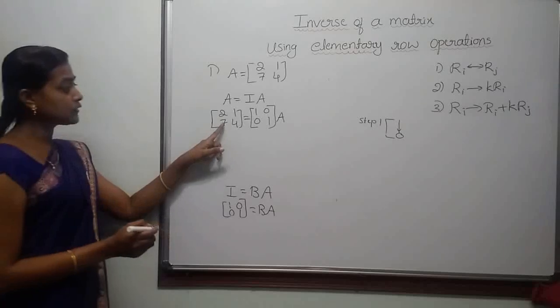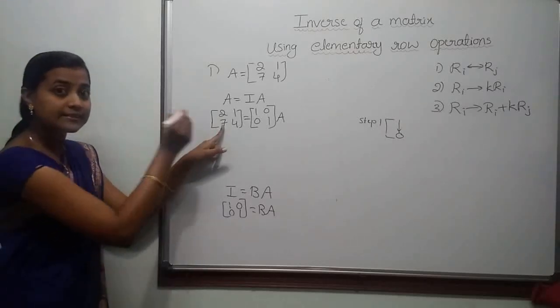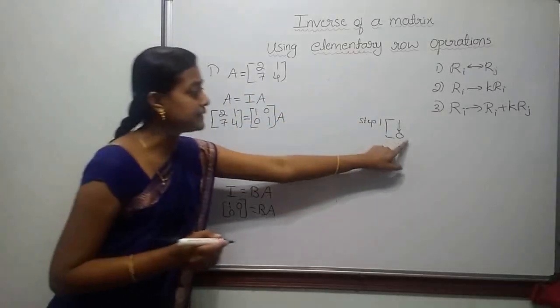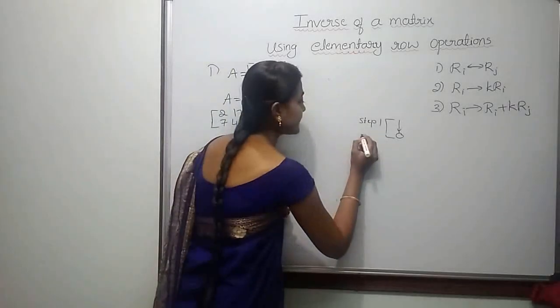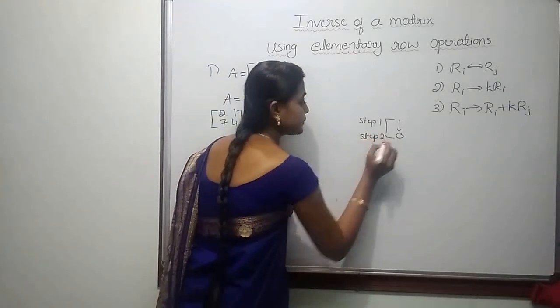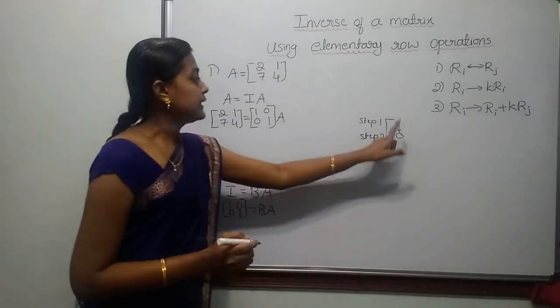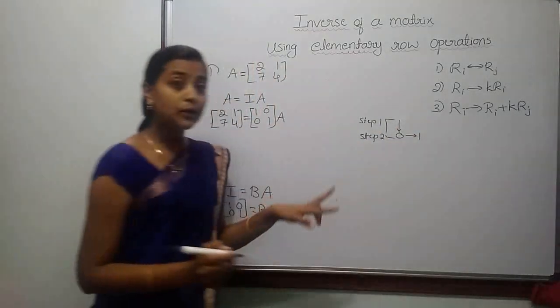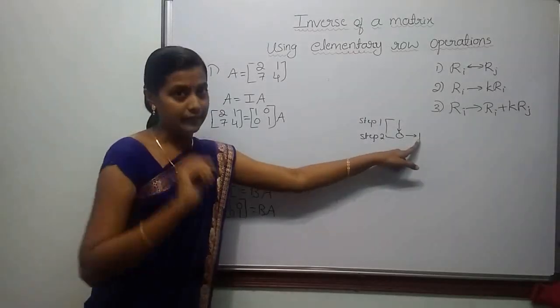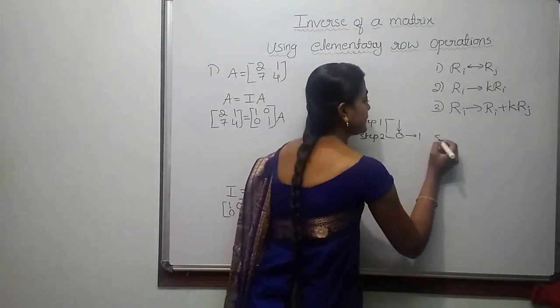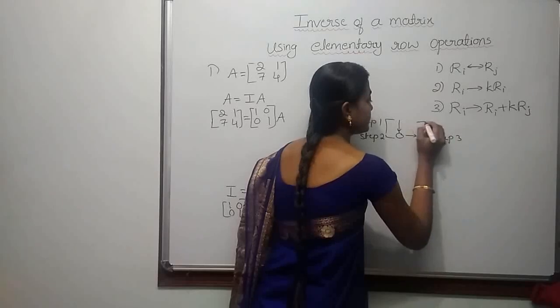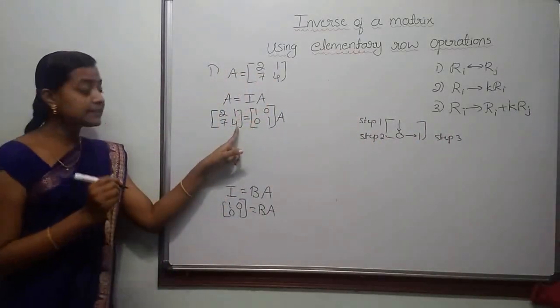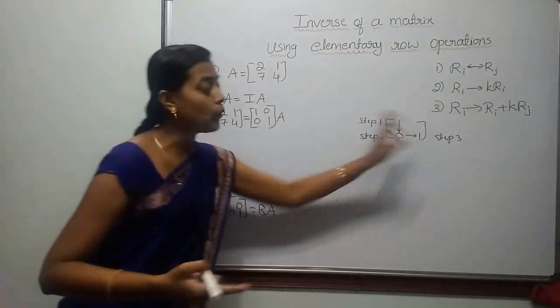This is the second step. And then third step is reduce the element lying in second row second column to 1.